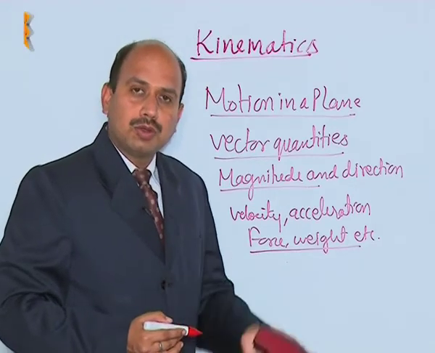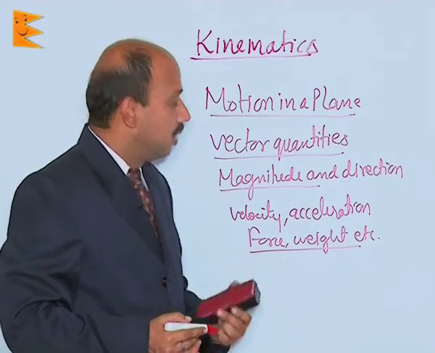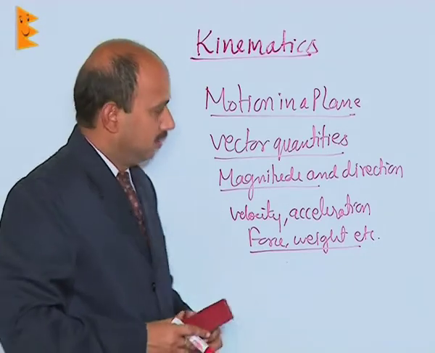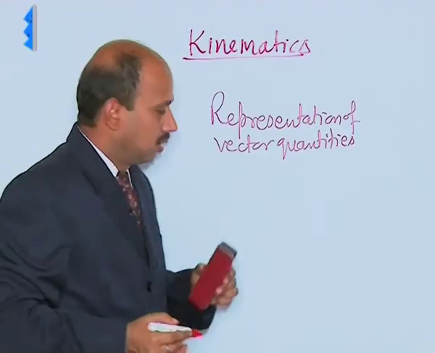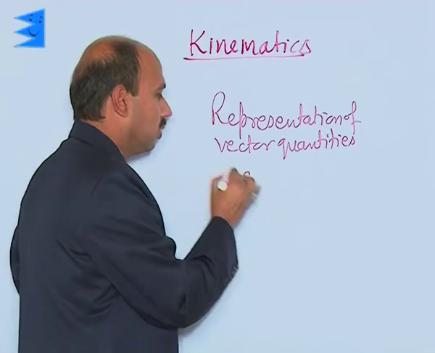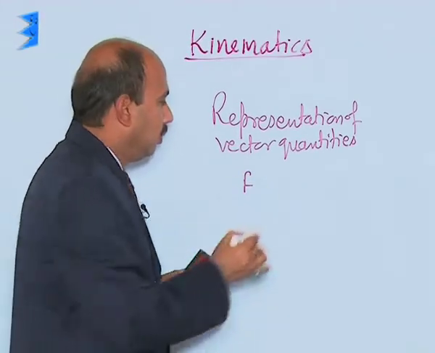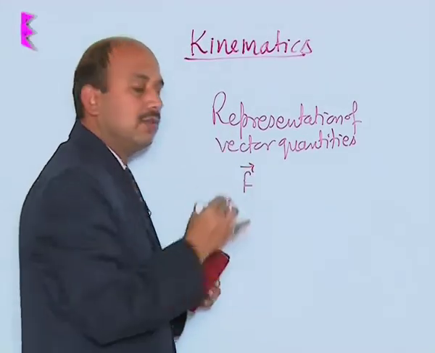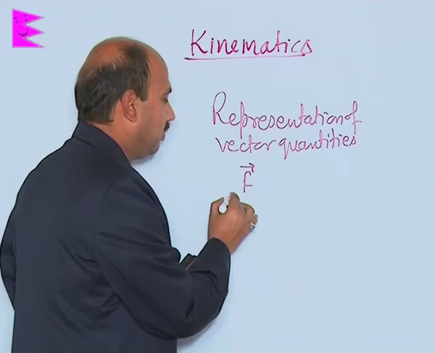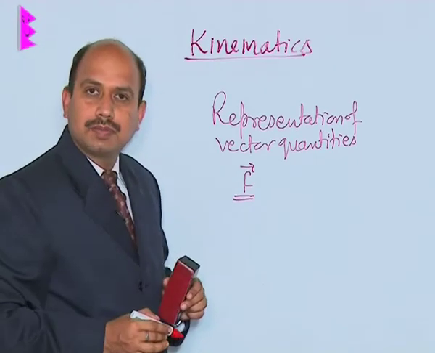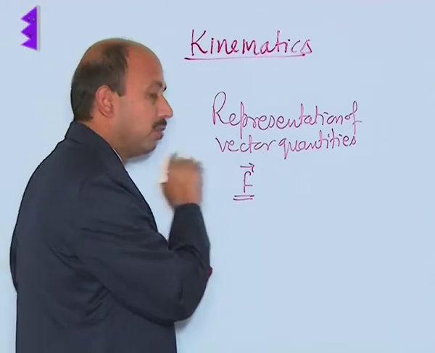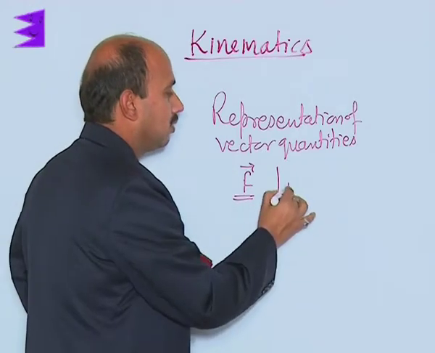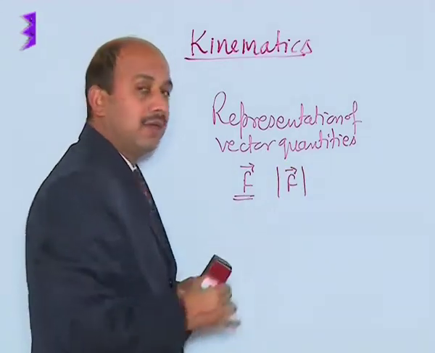So, now we know about scalars. Now, we have to come to how do we represent vector quantities. If any quantity is vector, like if you have taken force here, it is a vector quantity. So, we can make an arrow over it, then this quantity becomes a vector, we call it force is a vector quantity. But if you take modulus of this force, now this has become a scalar.